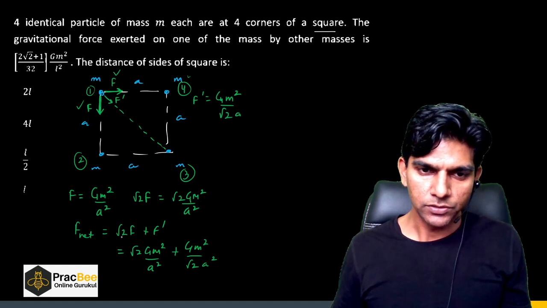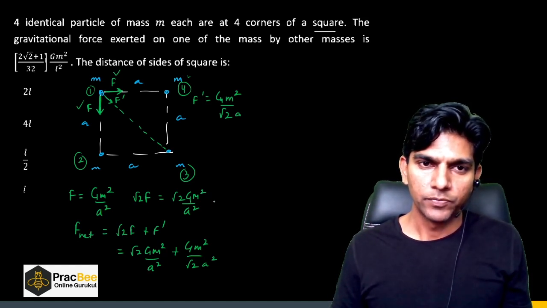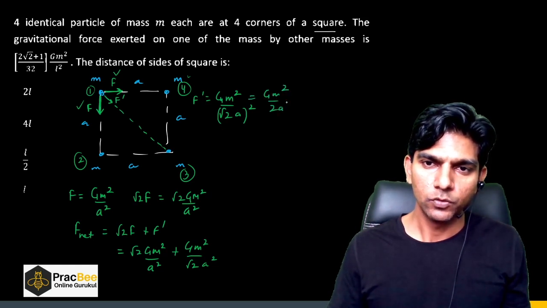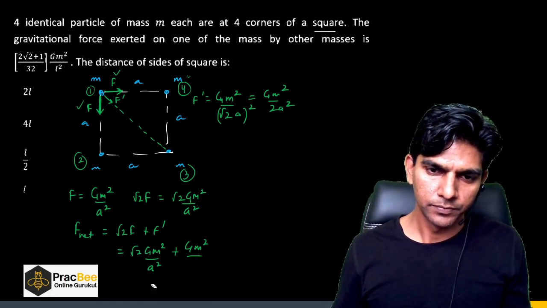Okay, let me again check. So we have root 2 F, and this will be G m square by, sorry, there is a square in the denominator, so this will be G m square by 2a square. Let me correct this.